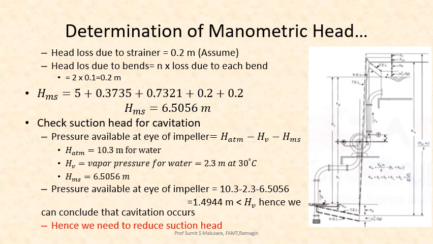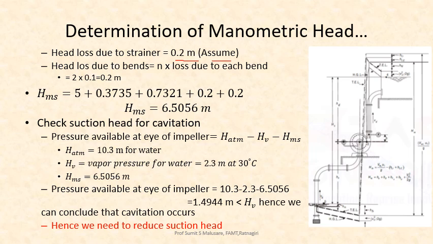Now the head loss of the strainer, I have assumed to be 0.2 meters. Here the total head is 50 meters, so I can assume 0.2 meters. But if your total head required is 10 meters, accordingly you can assume a lesser value. You can assume 0.02 meters or 0.01 meters also, again depending upon the total head.